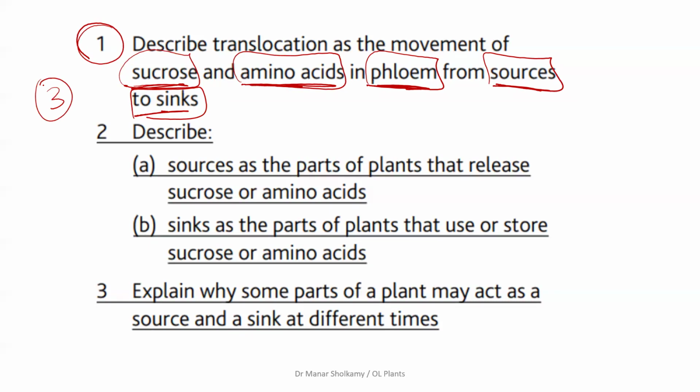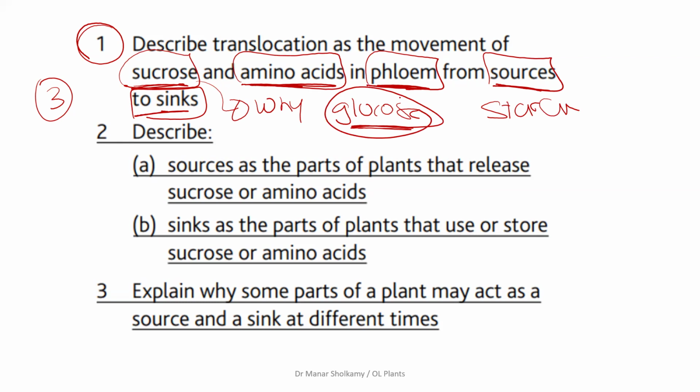Now, the problem is if you write something different, you don't get the grade. If you say that it is the transport of carbohydrates, they will not give you the grade because they specifically want sucrose. Why? Because glucose is not transported and starch is not transported. Glucose is very soluble in water and it is very reactive.